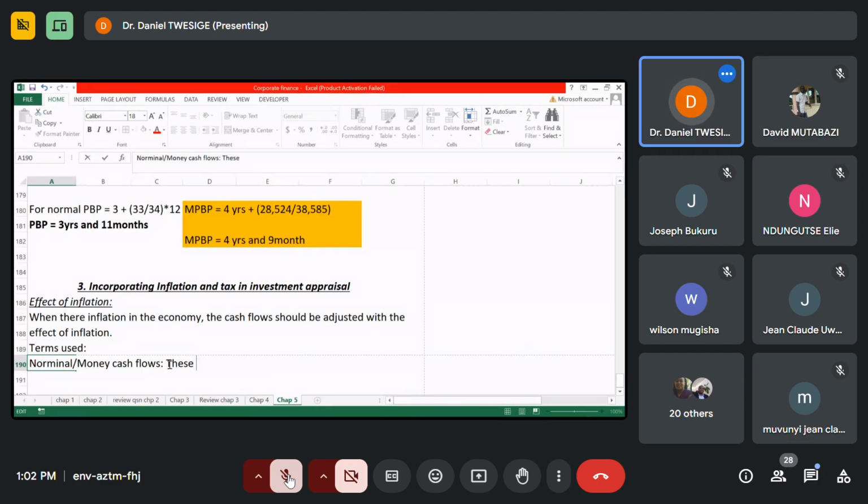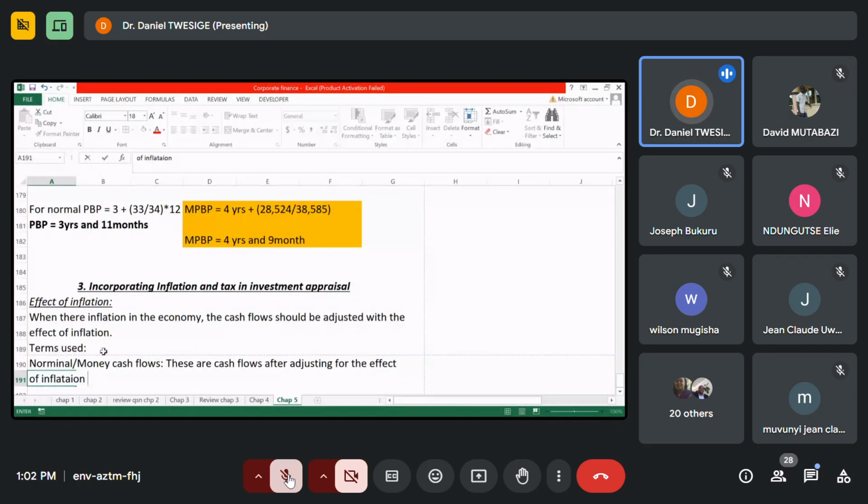So these are cash flows after adjusting for the effect of inflation in your cash flows.